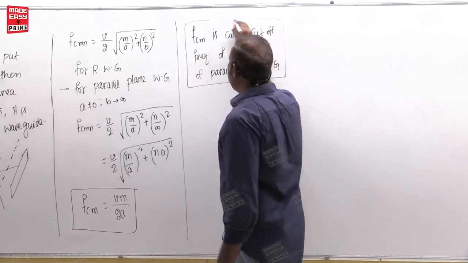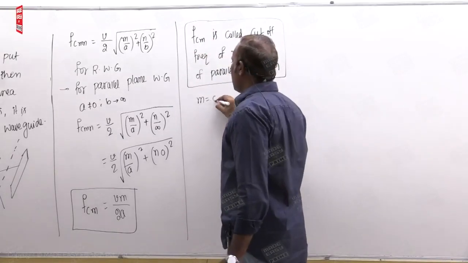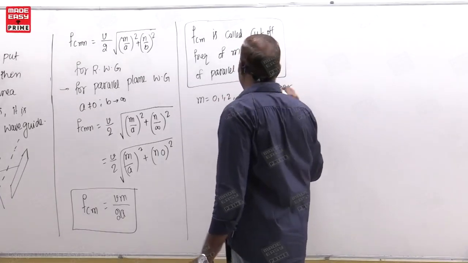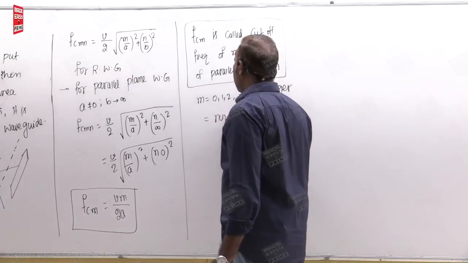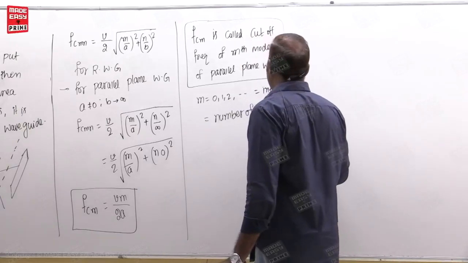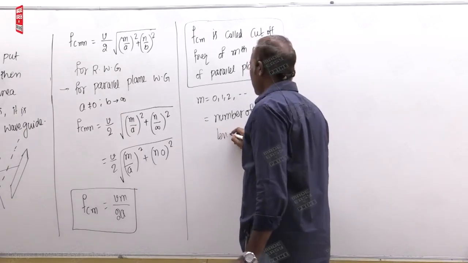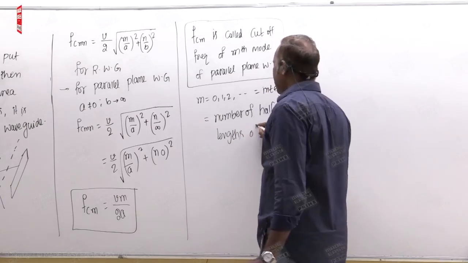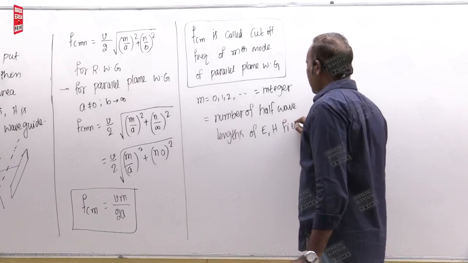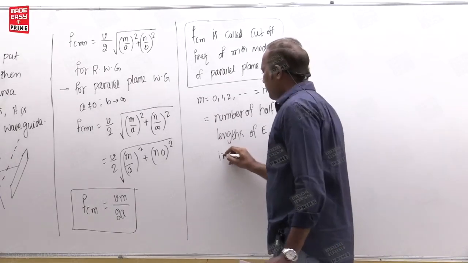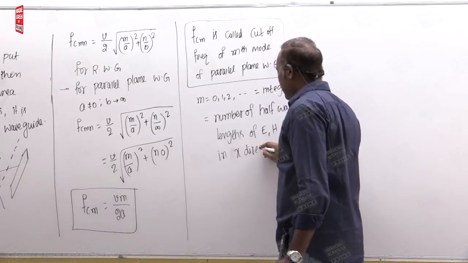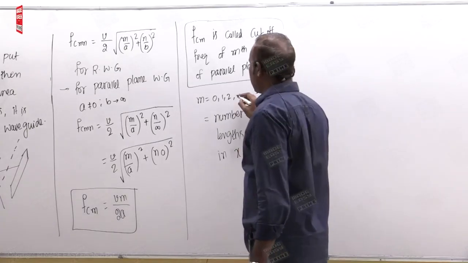Next, m is equal to 0, 1, 2 and so on, an integer. That is nothing but the number of half wavelengths of the E and H fields in the x direction.